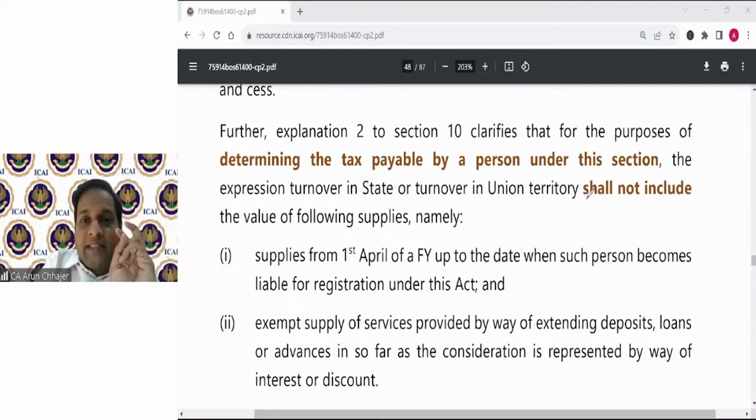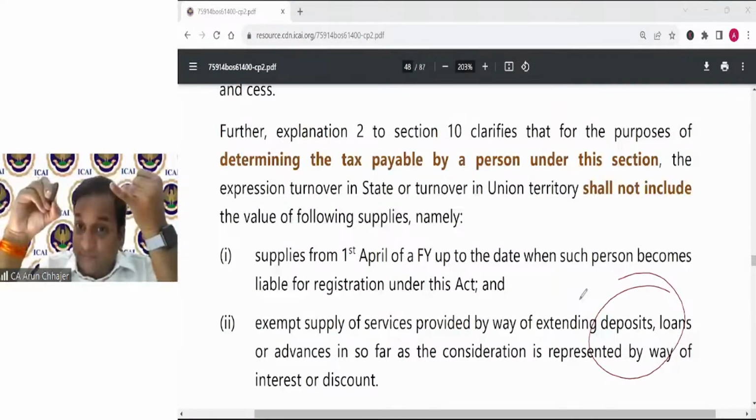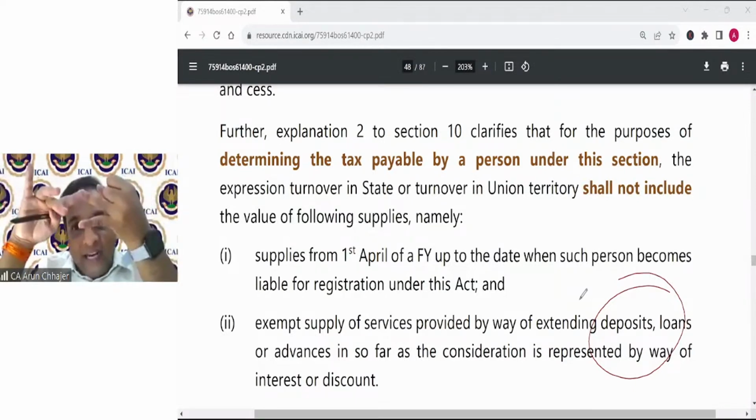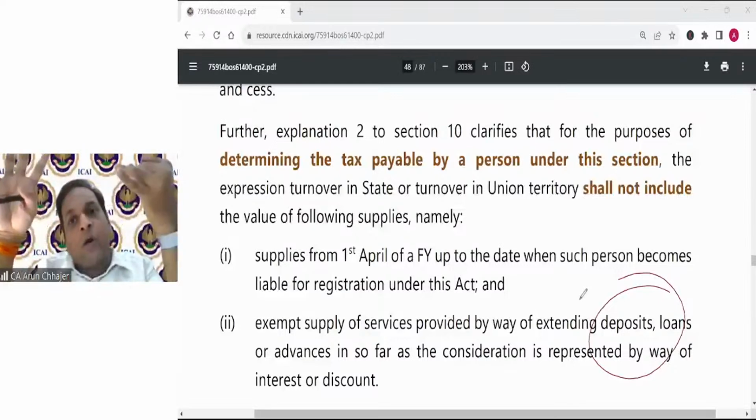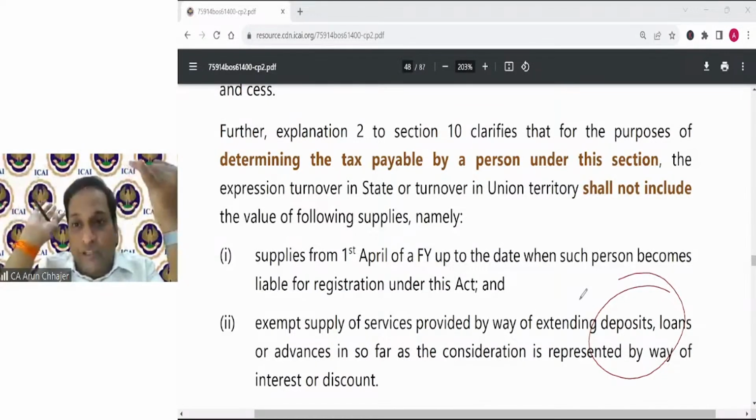So I can say the double benefit has been given to this particular interest part. What is the double benefit? First, it will not be included in the calculation of aggregate turnover because it would enhance the upper limit. So they are saying it will be excluded. Second advantage, they are saying you are not required to include it in the turnover of the state or UT.